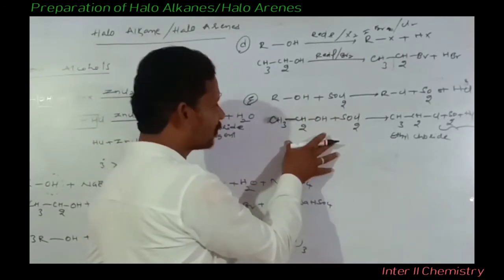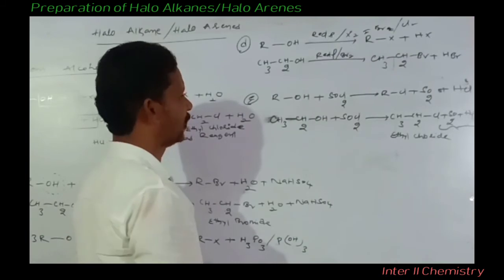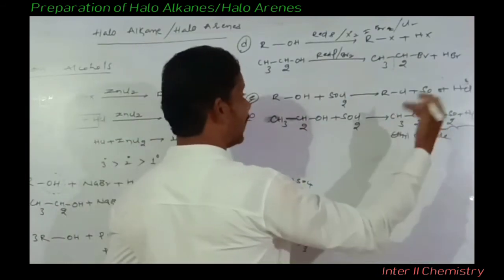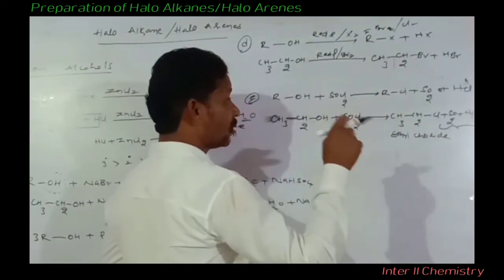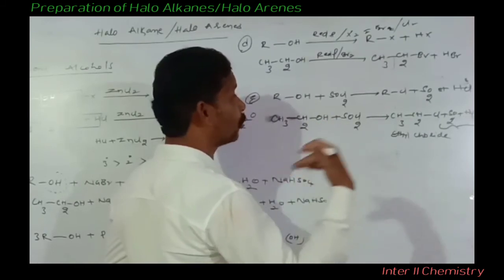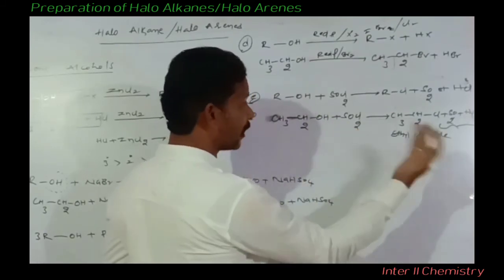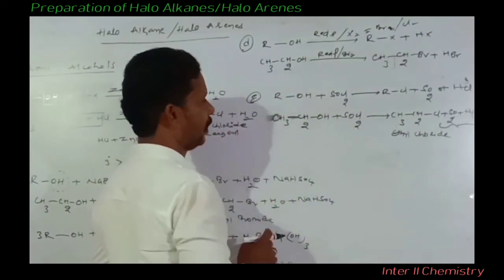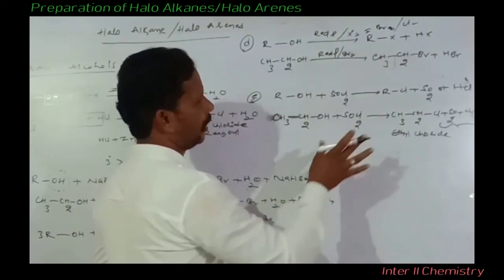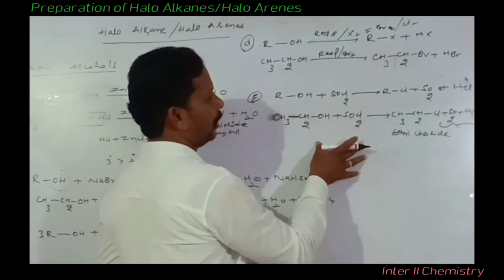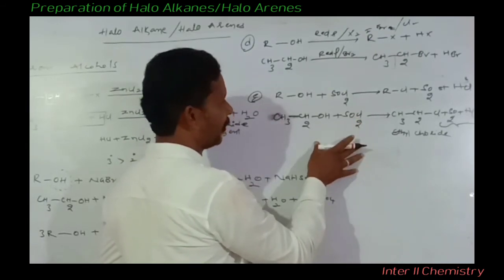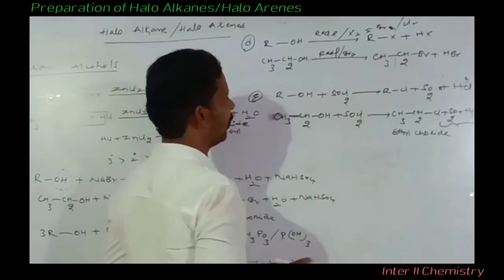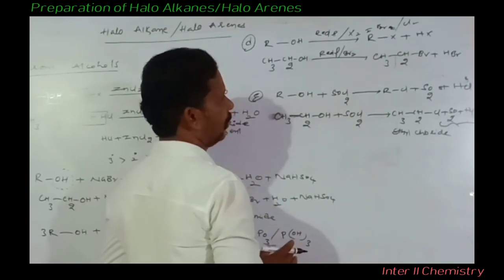This is the best method for preparing alkyl halides because the sulfur dioxide and HCl formed in the container are released outside easily. So that's why we get the pure alkyl halide in this reaction.